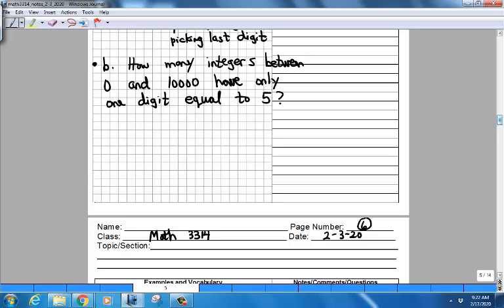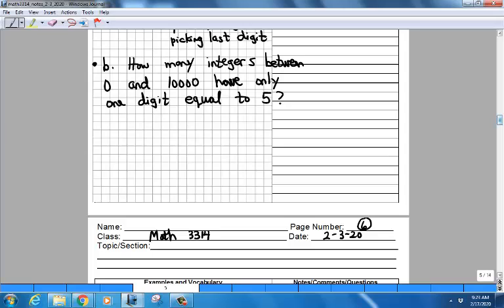How many integers between 0 and 10,000 have only one digit equal to 5? Somebody that only has 5 one time. I don't know the interpretation of that, so we're going to have to make an interpretation.